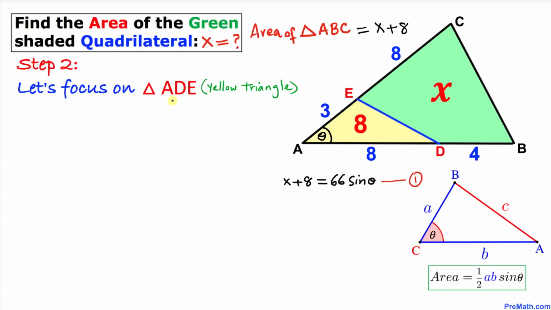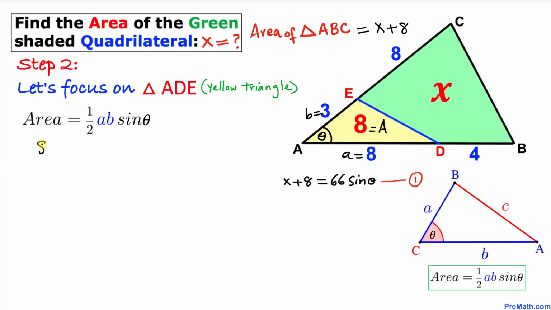Here's our next step. Let's focus on this yellow triangle ADE. Here's our area of a triangle formula. In our case, the area of this yellow triangle is 8, lowercase a is 8, and lowercase b is 3. Let's fill in the blanks.